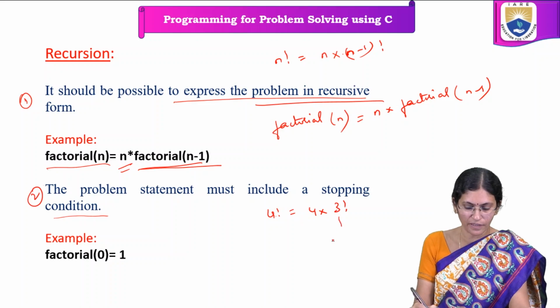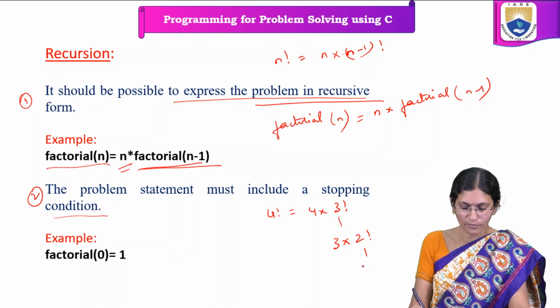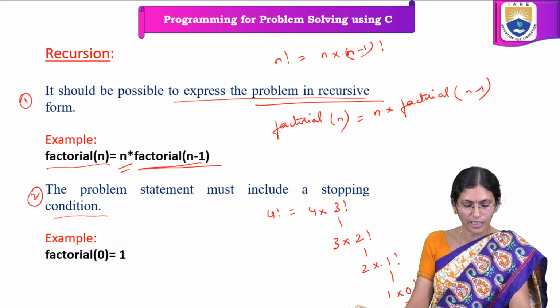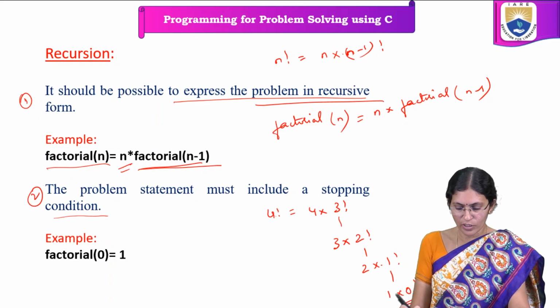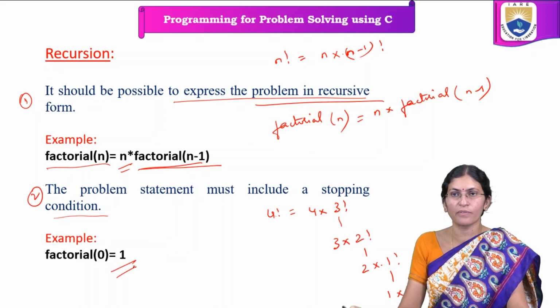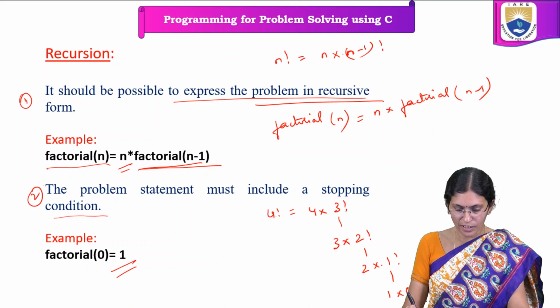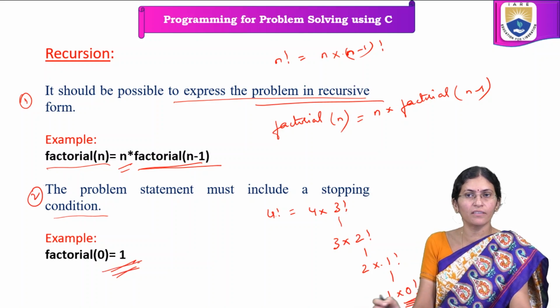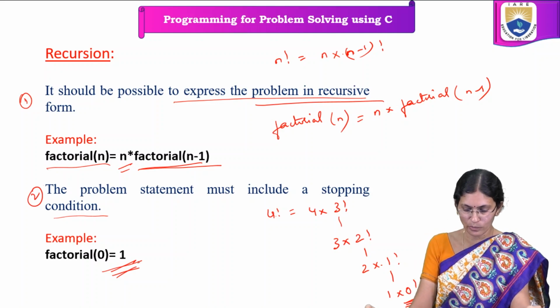This can again be divided into 3 into 2 factorial, which can be written as 2 into 1 factorial, which can be written as 1 into 0 factorial. When we have 0 here, factorial of 0 is equal to 1. So we specify the base condition, or it will go on repeating. This is the stopping condition we are writing here: factorial of 0 is equal to 1.